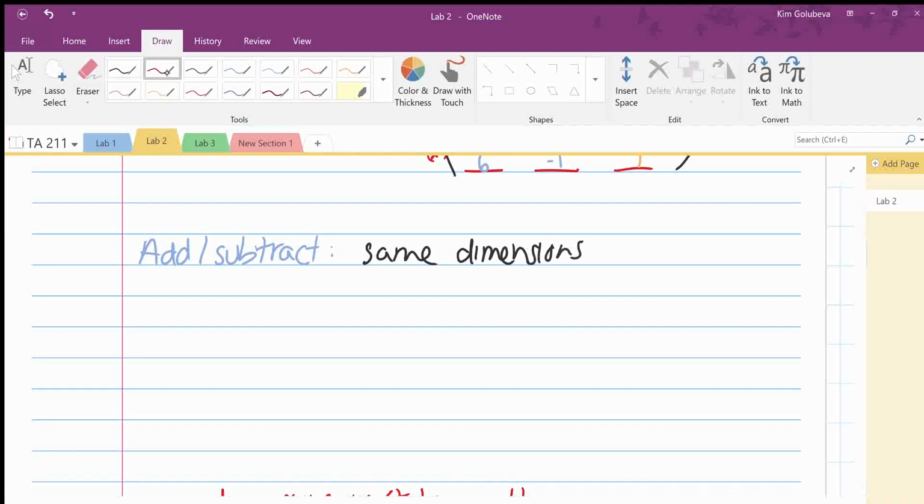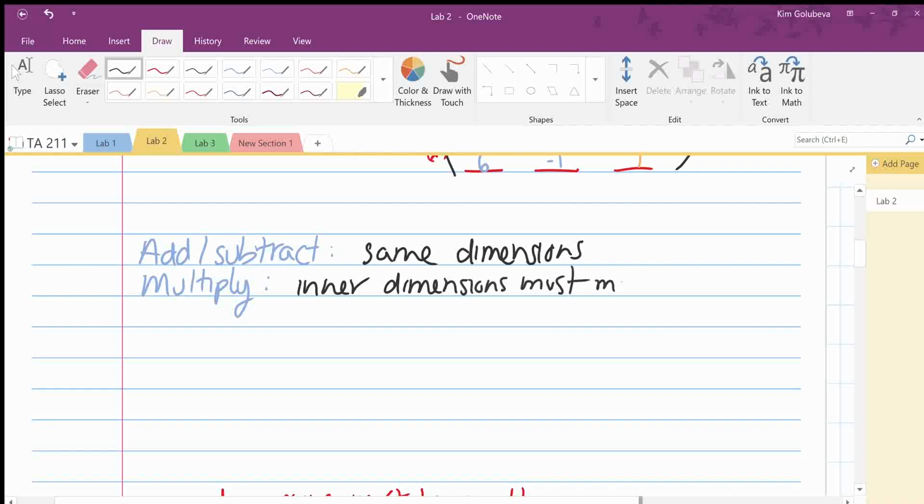When we multiply, inner dimensions must match. So that's saying that the number of columns in the first matrix must equal the number of rows in the second matrix.